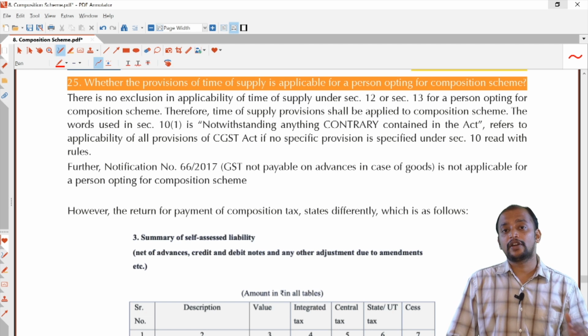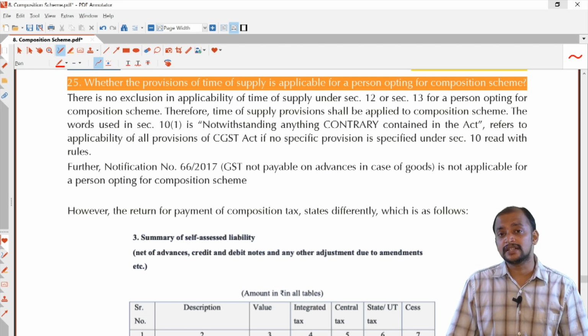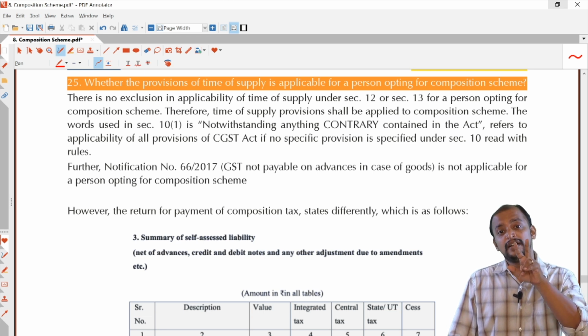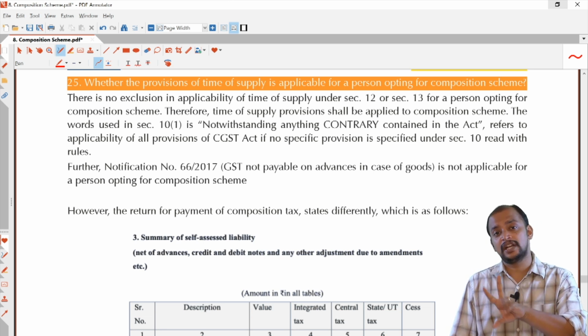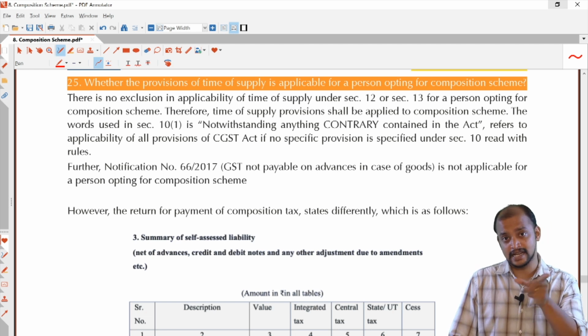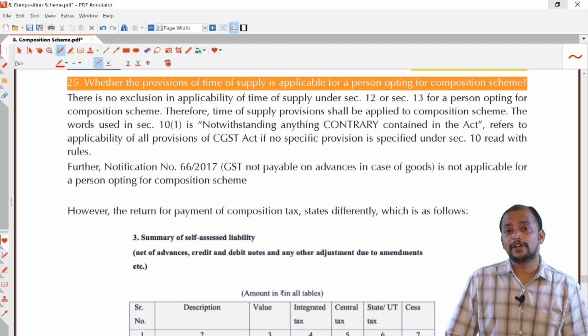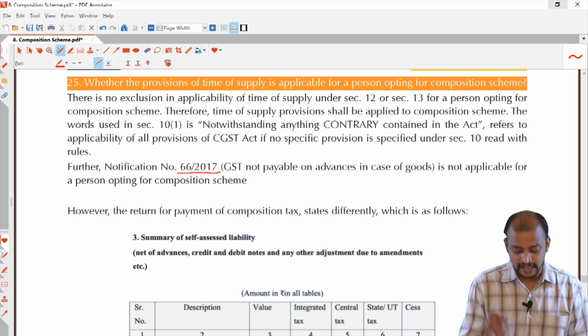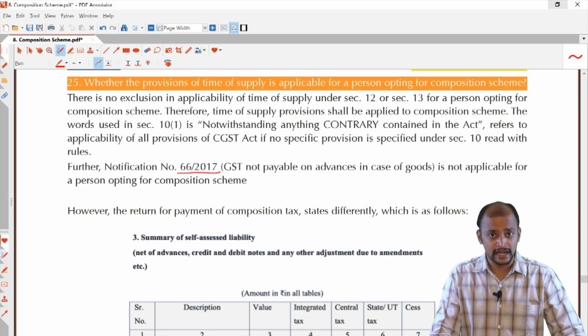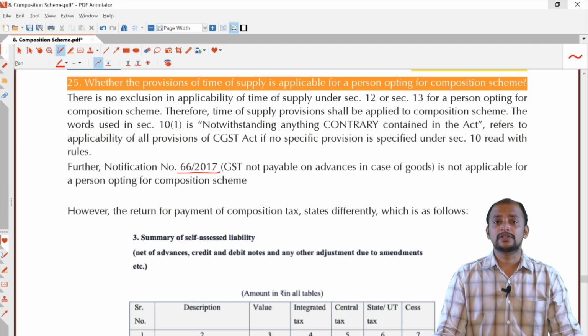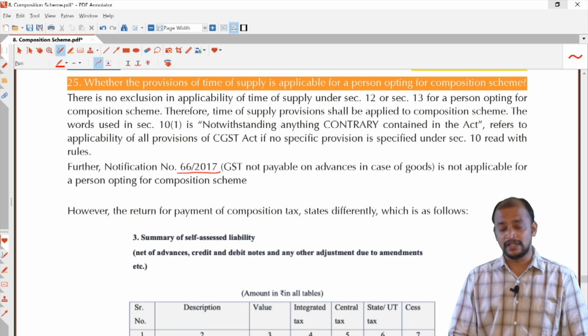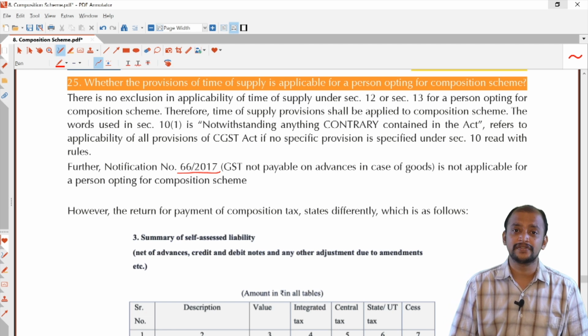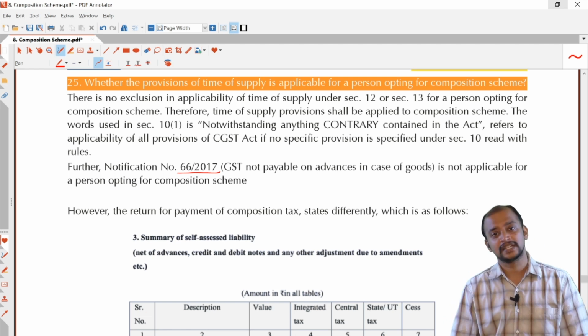If I am a supplier of goods, on advances there is no GST because the time of supply is the invoice date, that is the due date of invoice or actual date of invoice, whichever is earlier. That is because of notification number 66/2017. That notification 66/2017 says that with respect to supply of goods, the time of supply will be determined only in terms of section 12, subsection 2, clause A only.